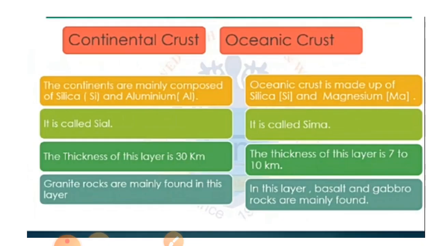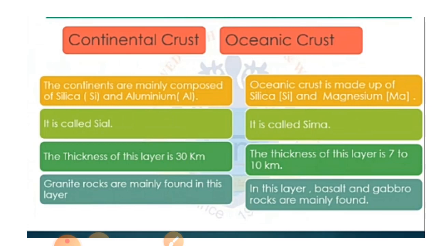Now, we are going to learn about the characteristics of continental crust. The continents are mainly composed of silica, that is Si, and aluminium, that is Al. Because of their high proportion in this layer, the layer was earlier known as Sial.